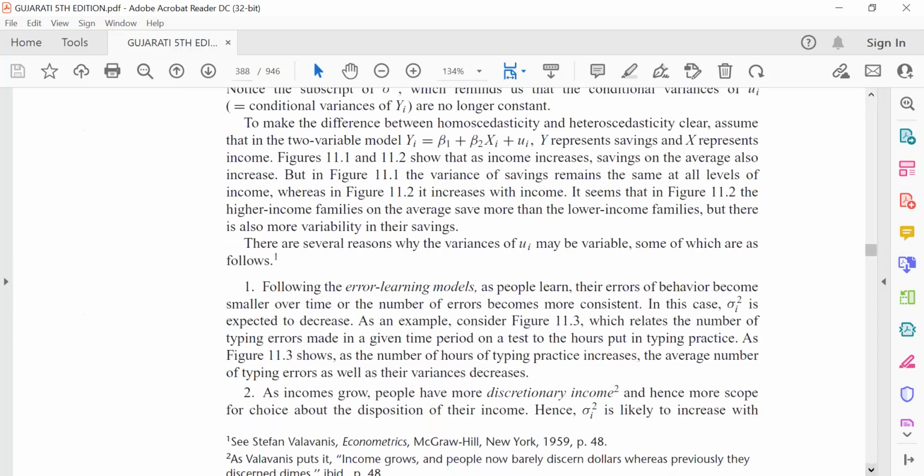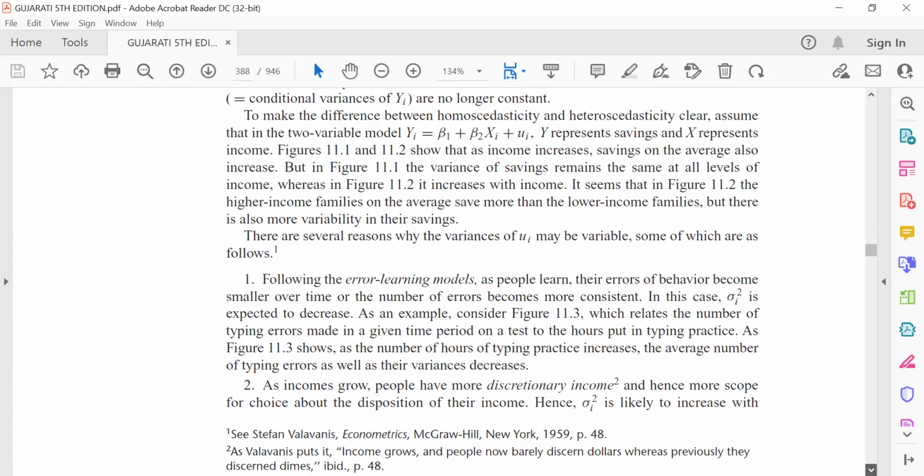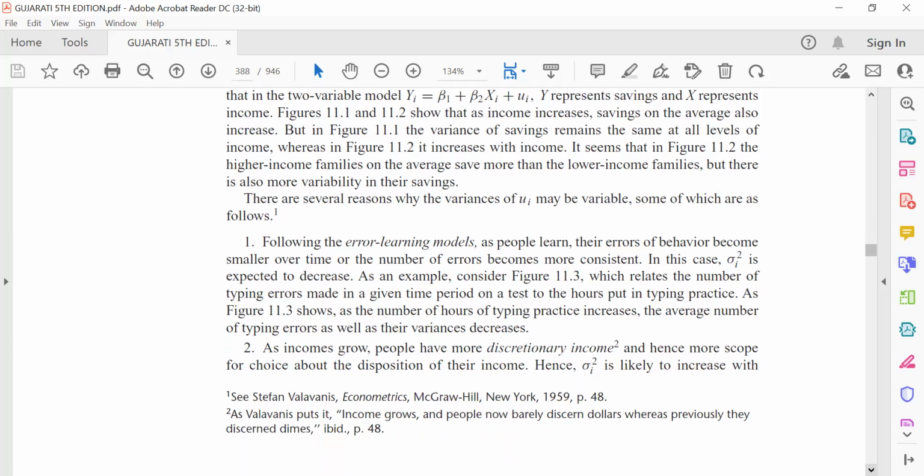There are various reasons why heteroskedasticity is found in our model. The first one is because of error learning models. For example, if in the beginning we are learning typing methods, of course we have more errors compared to an experienced typewriter.